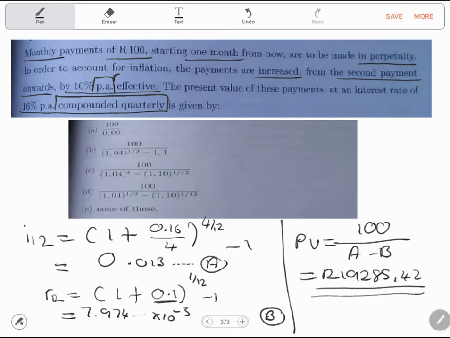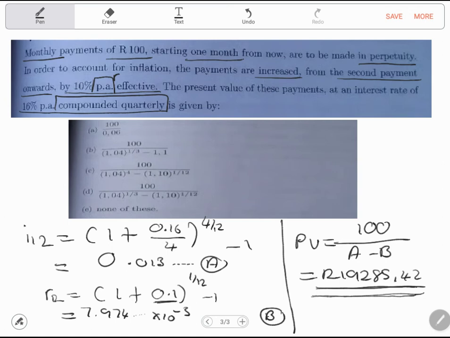Before you start a multiple choice question, always look at the options so you know where to stop and what exactly you need to look for. In this case, I went further because I wanted to give you the final answer for your own understanding.